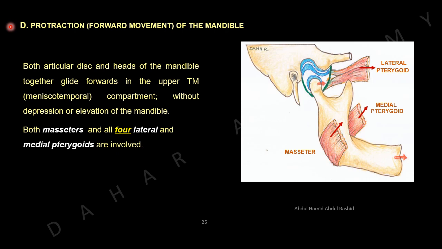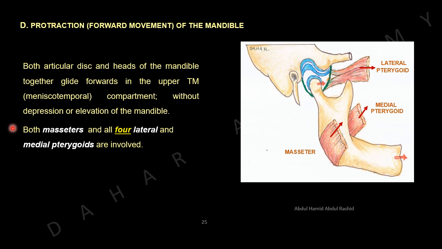D. Protraction, that is forward movements of the mandible. Both articular discs and heads of the mandible together glide forwards in the upper TM compartment, that is the meniscotemporal compartment, but without depression or elevation of the mandible.